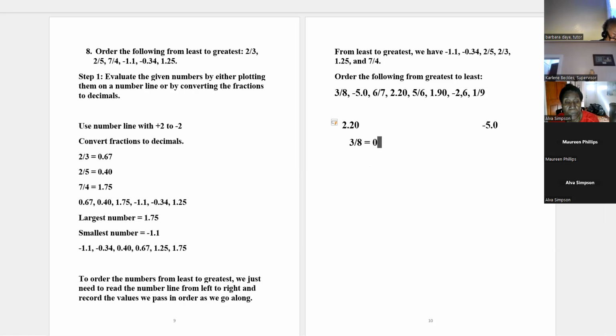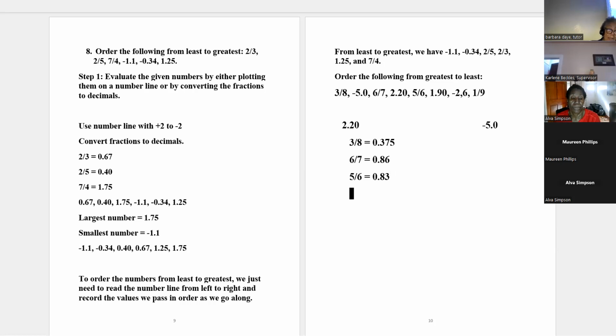Divide 3 by 8. Okay, it goes 2 times. Okay, that's the decimal. And 6/7. Okay. 5/6. Okay.